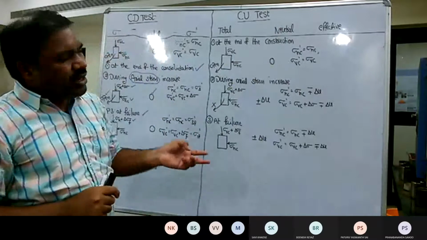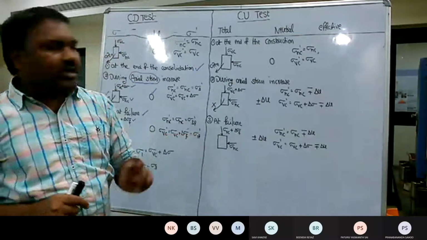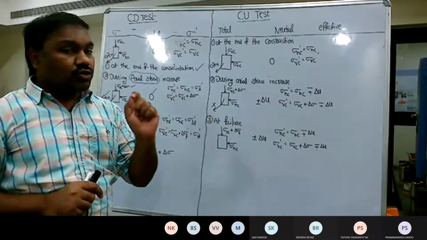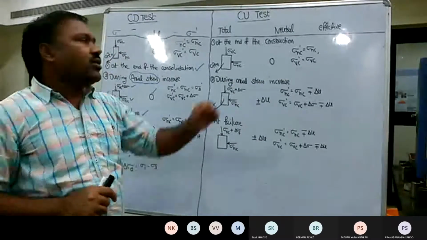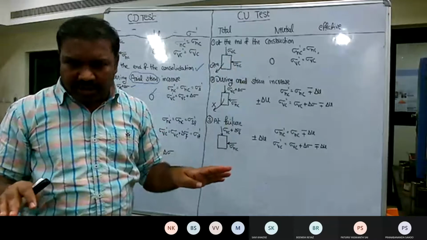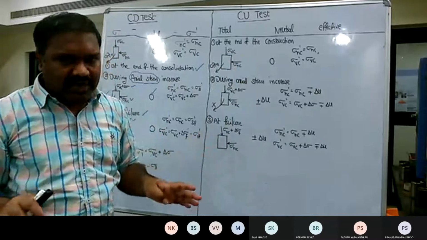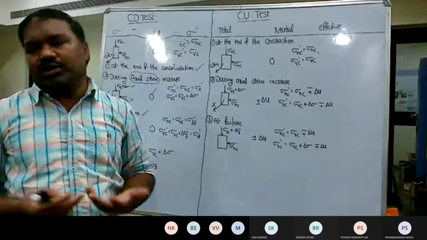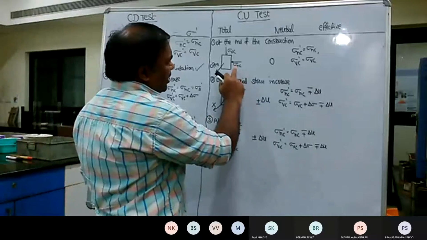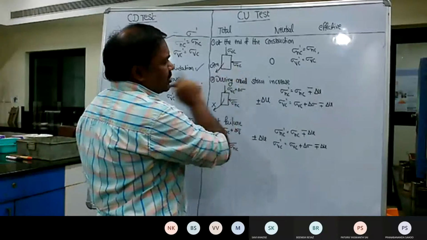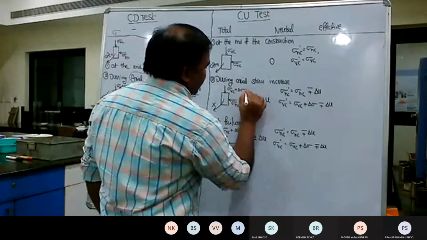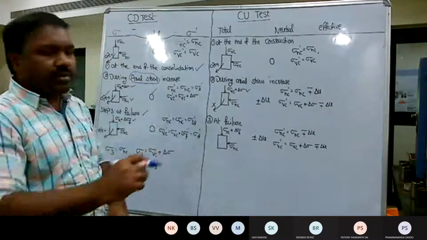Now let us go to stage two, that is the application of the axial stress to shear the soil sample. Up to this point, the soil has been completely consolidated to the desired degree. Now in the second stage, we keep the confining pressure constant. However, we increase the axial stress, that is delta sigma.